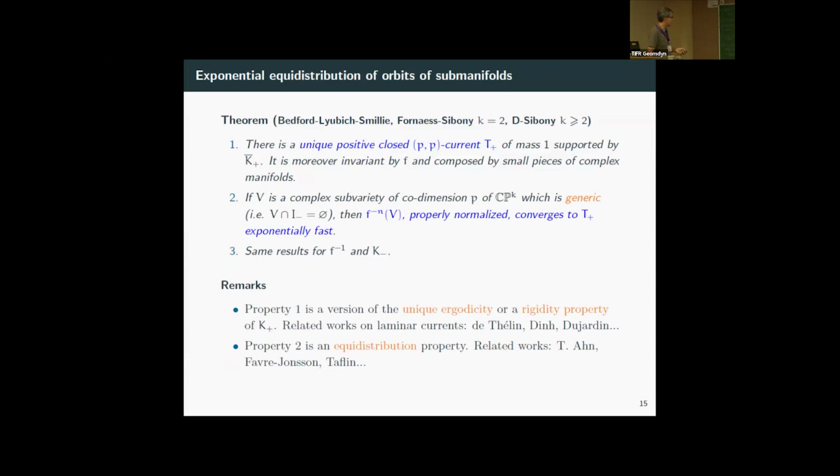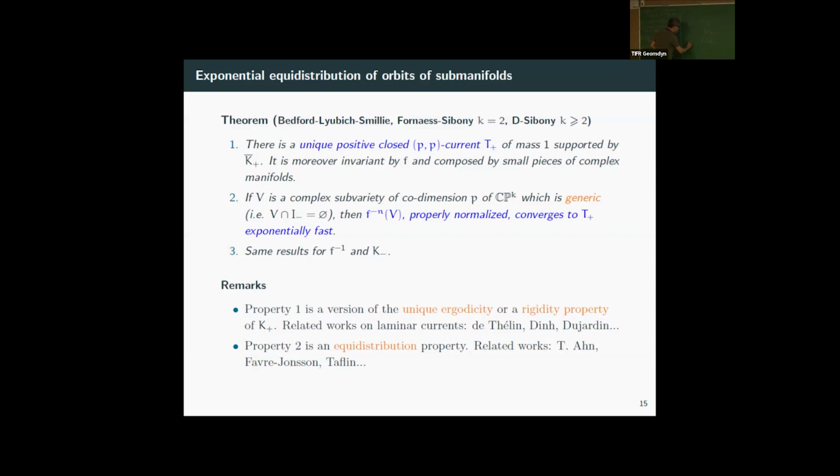So in K plus bar, you have only one positive closed (p,p) current G plus of mass 1. If you want to take an example of measure, then the only set which satisfies this is one point.